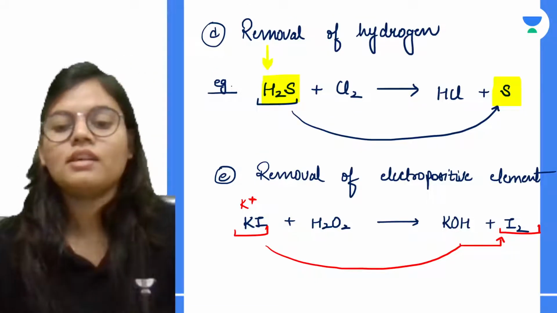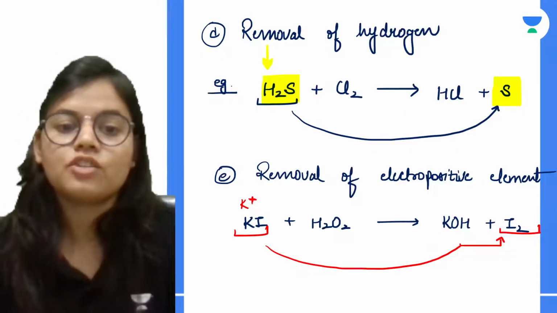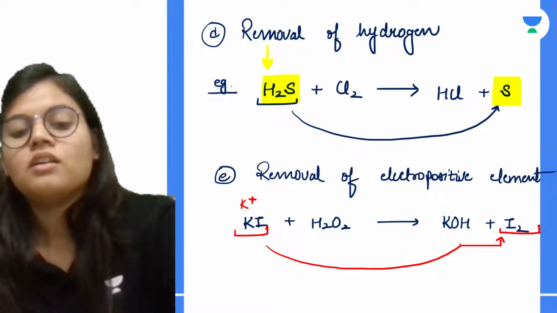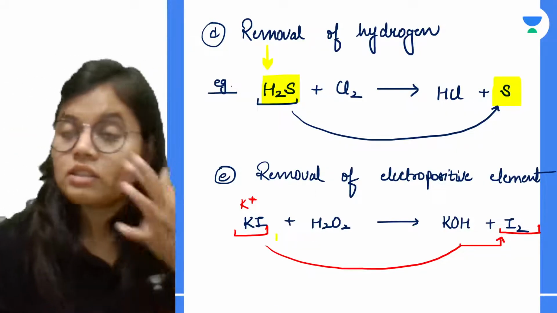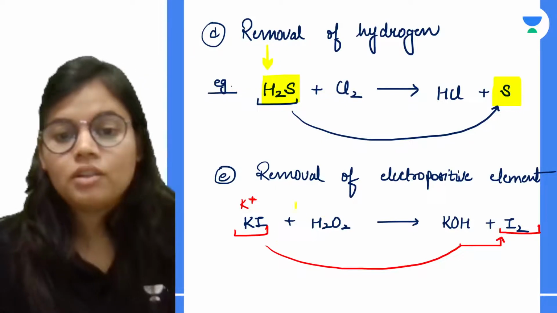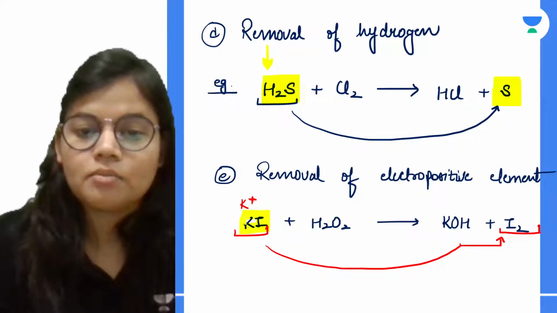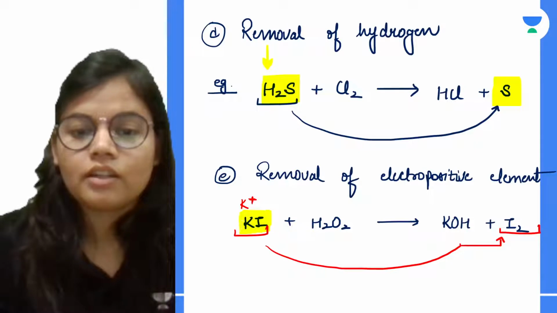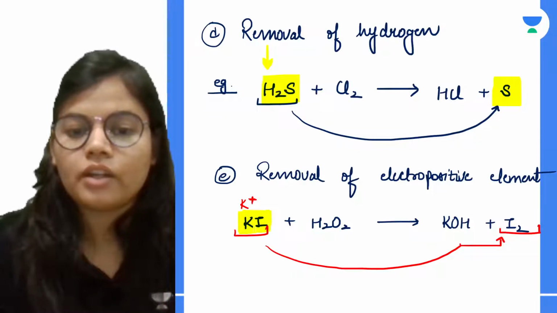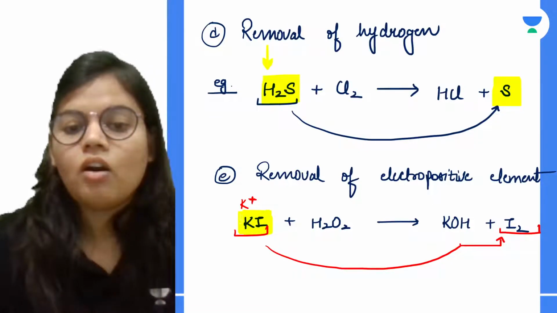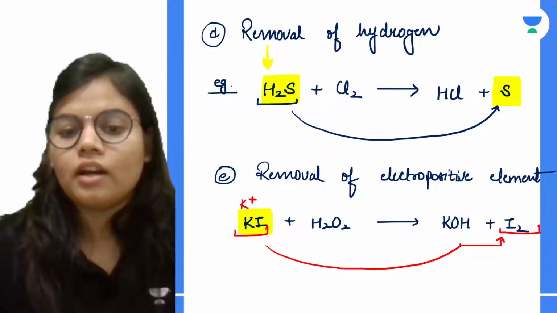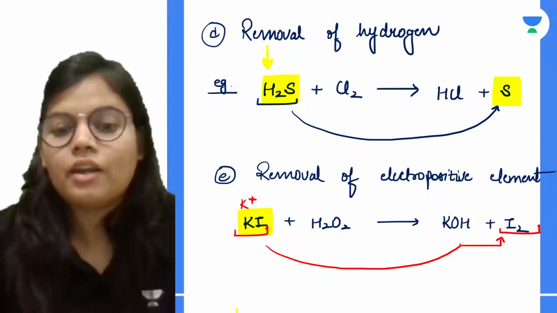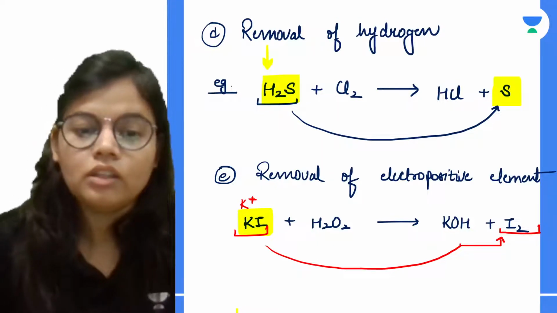And at the last, it is removal of electropositive element. So again, let's try to understand it through an example. Here we have taken potassium iodide, which is reacting with hydrogen peroxide. On reaction, it is providing us with potassium hydroxide and iodine.